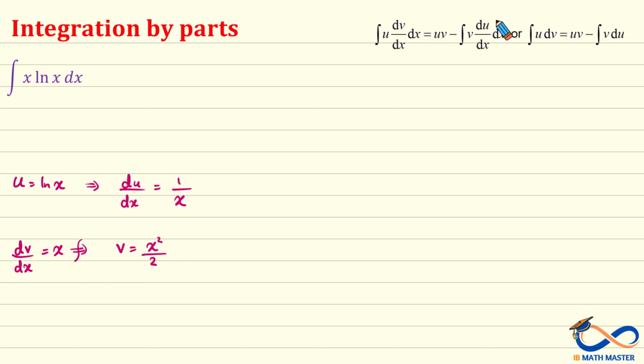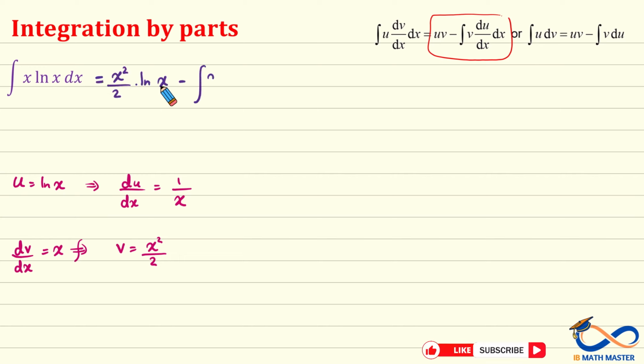We replace now in the formula, we have u times v. So u here, which is ln x, times v, which is x squared over 2. So as you see, u times v, minus the integral of v, which is x squared over 2, times du over dx, which is 1 over x.